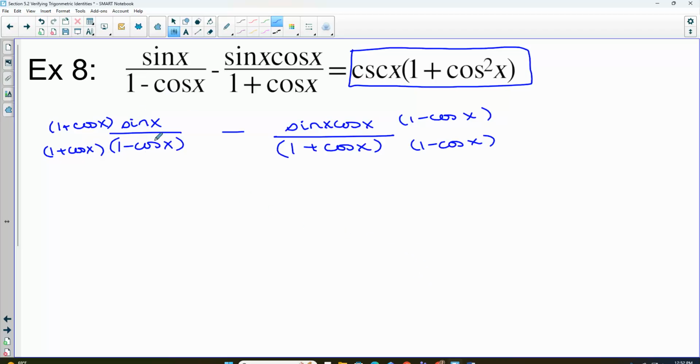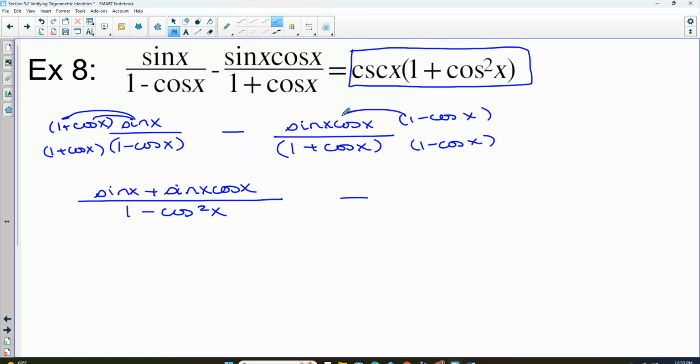So if I start multiplying this out, I get sine x plus sine x cosine x. What's the denominator if we FOIL? This one, sine x cosine x.